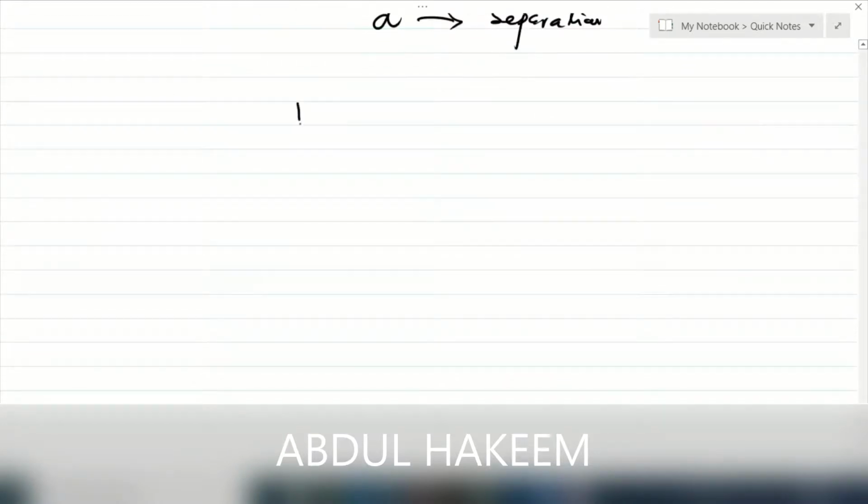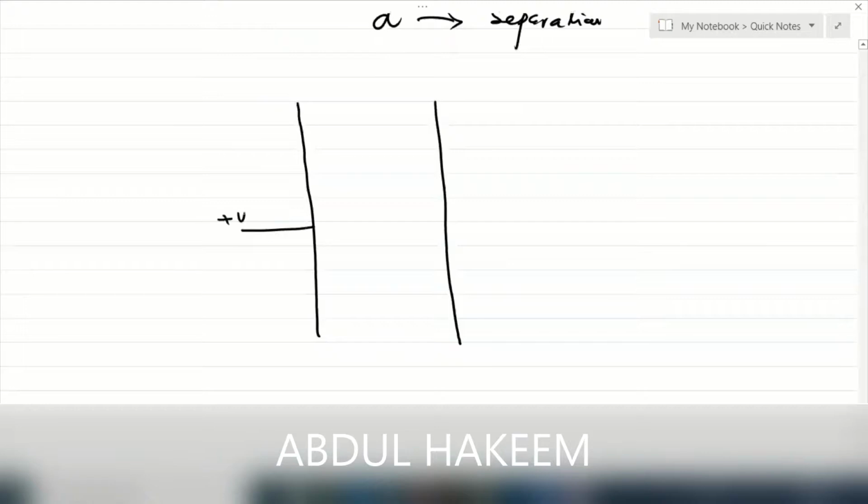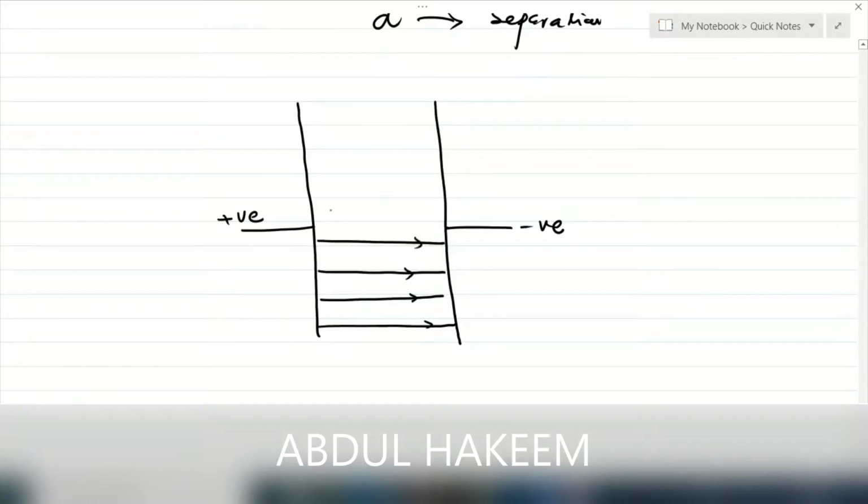Now we have two plates which are held parallel and vertical. One connected with the positive, other connected with the negative. So the majority of the field is uniform electric field. So field lines are equally spaced, and we are considering only the uniform portion, which is the major portion of the electric field.